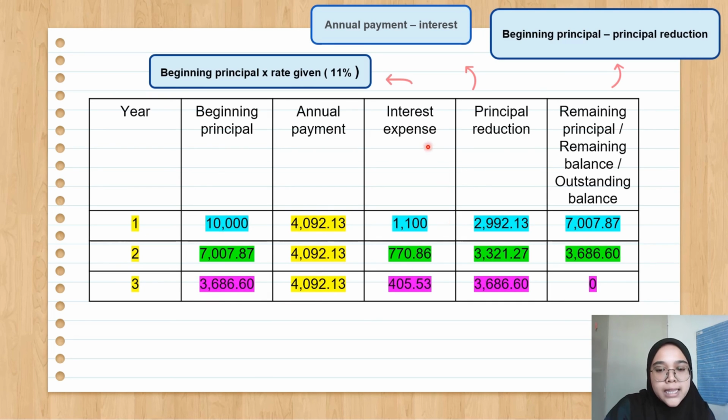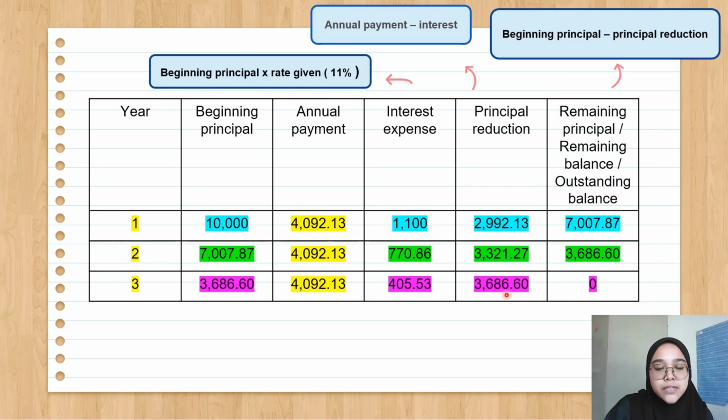Okay, interest expense for the third year: beginning principal for the third year, $3,686.60, multiplied by 11%, which is 0.11, and we get interest expense for the third year of $405.53.